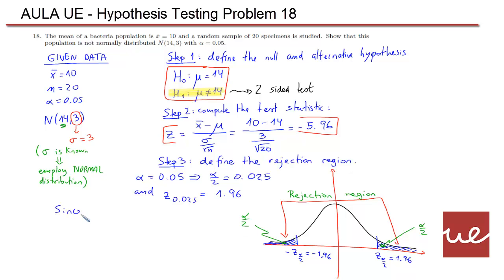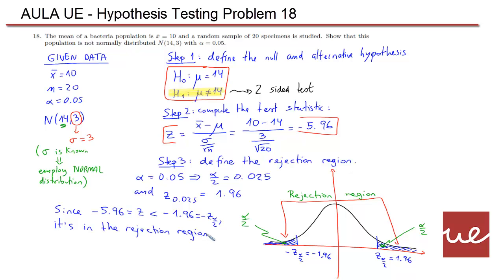Good, now we just have to check if the test statistic falls inside the rejection region or outside. In this particular case, since the test statistic z is equal to minus 5.96, which is smaller than minus 1.96, the value of minus z alpha halves, then the test statistic is inside the rejection region, and hence we have to reject the null hypothesis for this example.